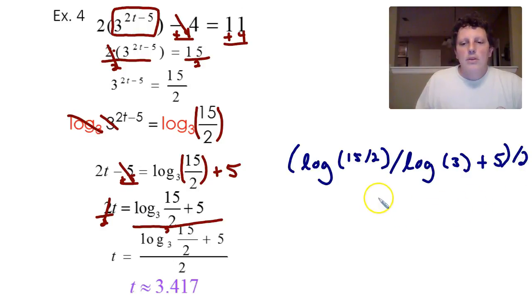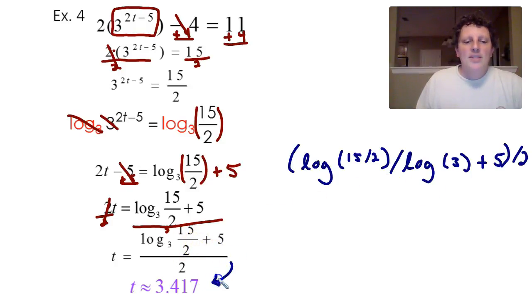So to put this all in my calculator at one time, I've got to use parentheses in several places. It might be a good idea to do the numerator first, that logarithm plus 5, and then hit enter and then divide by 2. Or just put parentheses around this whole part, which is saying divide that whole thing by 2. Either way. But that's kind of a challenge here, is making sure you're putting things in your calculator correctly.